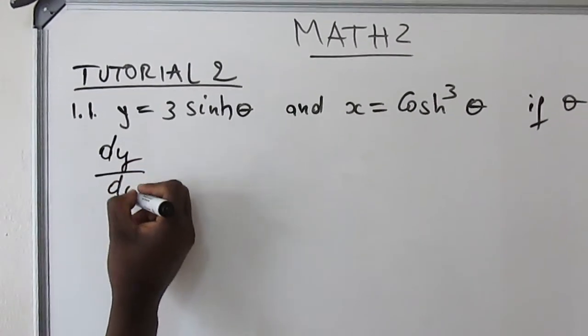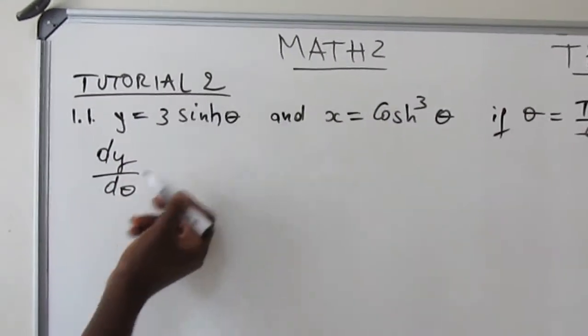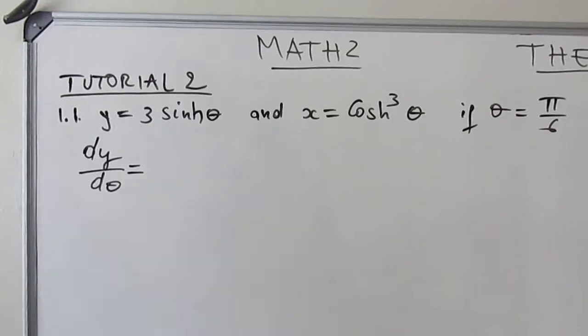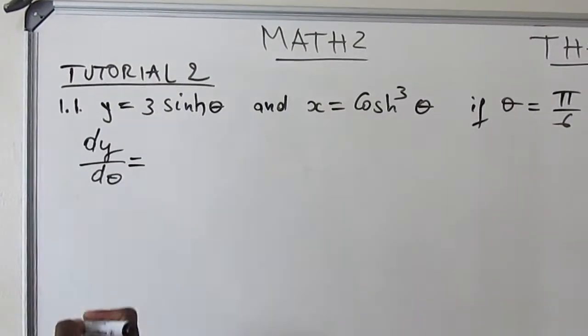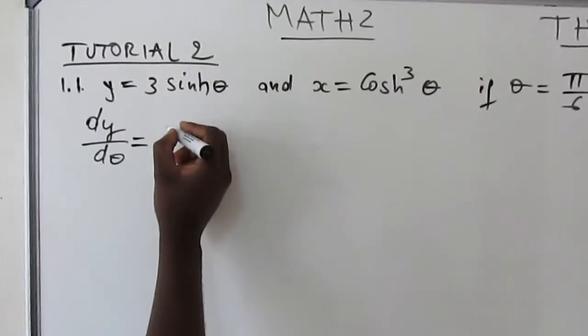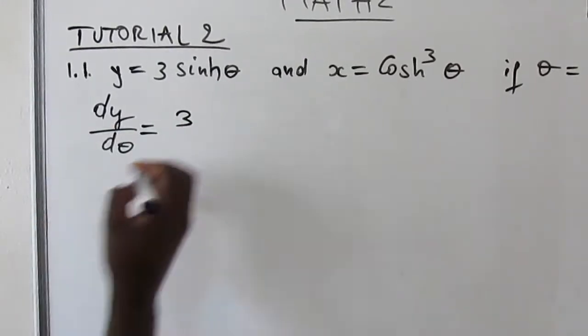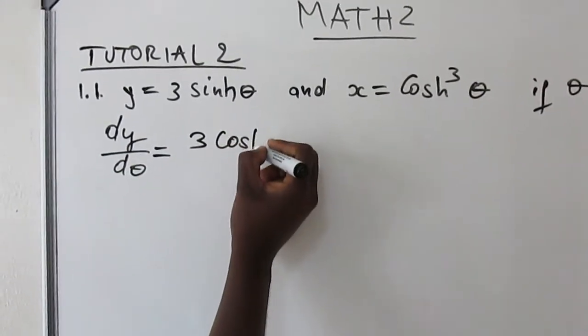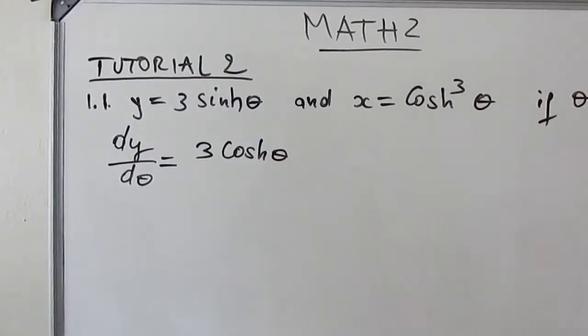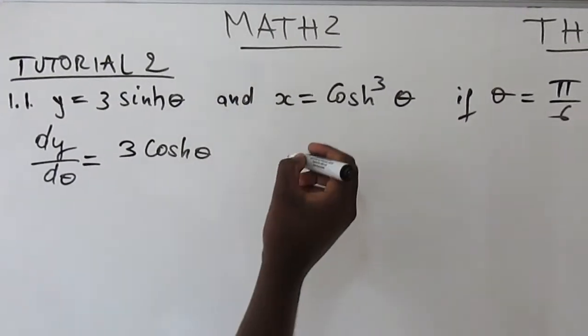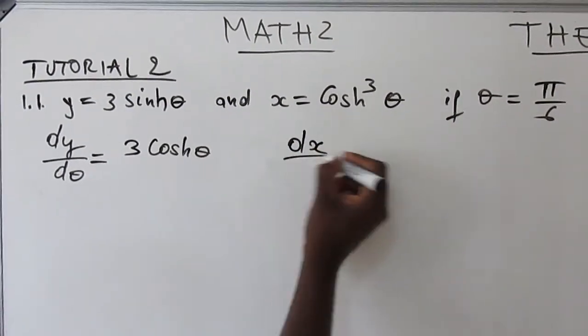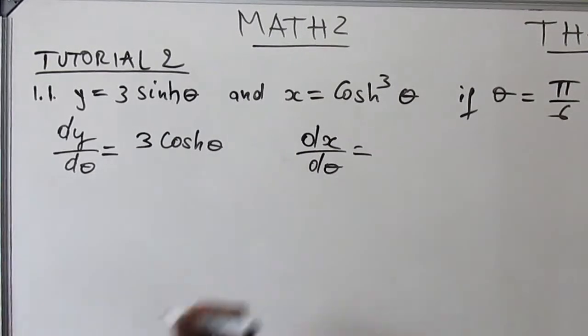Okay, so first of all, we need to differentiate this y, dy over d theta, with respect to theta. It's going to be equal to what? Derivative of sinh is going to give us 3 cosh of theta. And if we go to x, dx over d theta is going to give us what?